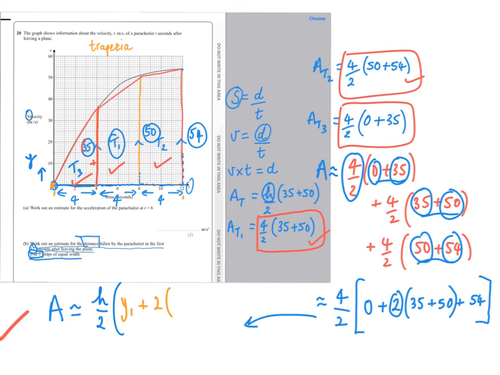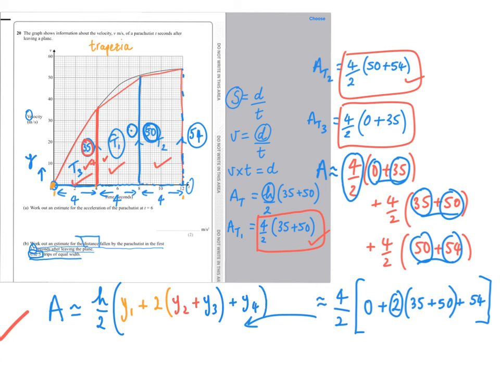Why? Because can you see this 35 is shared in the first trapezium and also in the second one? It's like back to back, so it's shared, so we'll call that y2, our second y value, plus 2 of these, because the 50 is shared twice here. It's 50 for this one and also 50 for this one, and we'll call that y3, plus the very last one, y4.